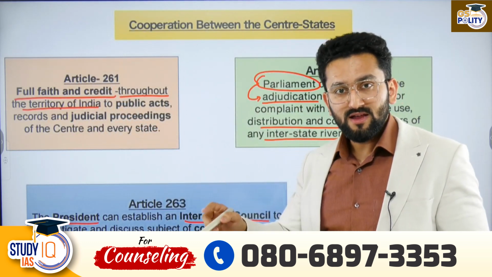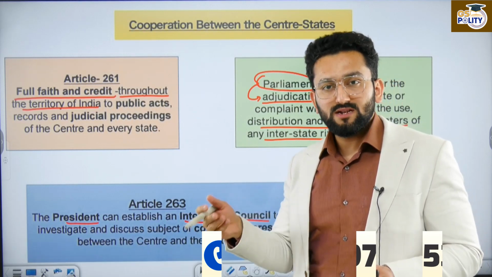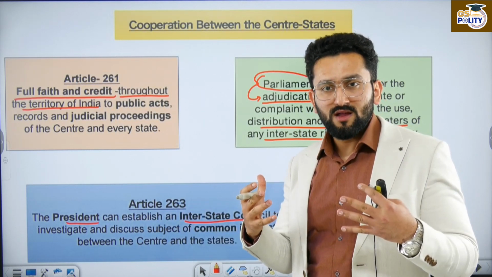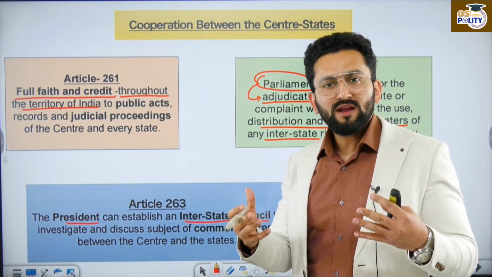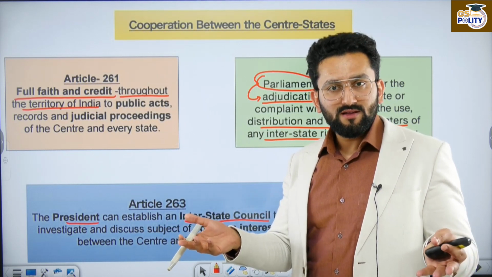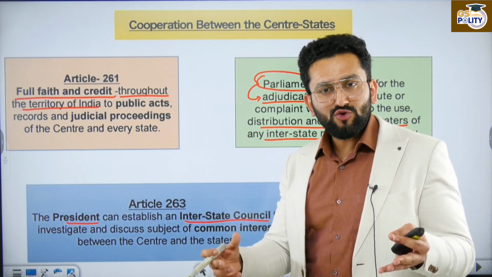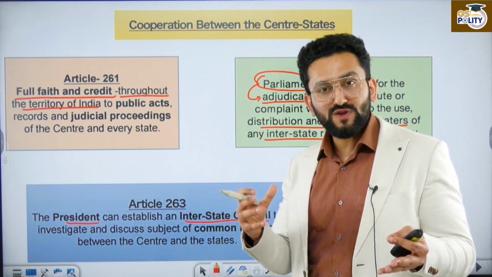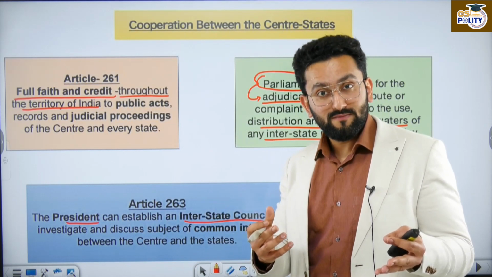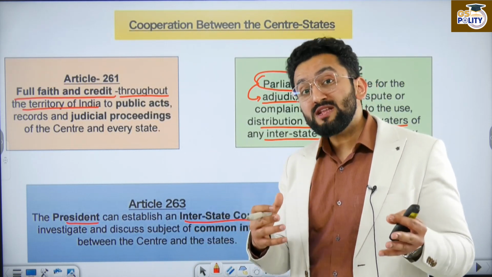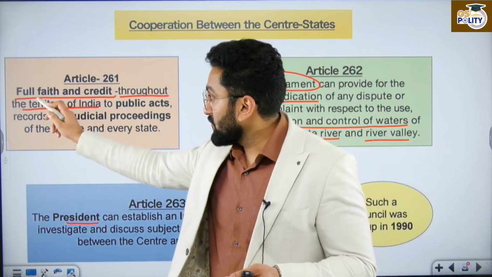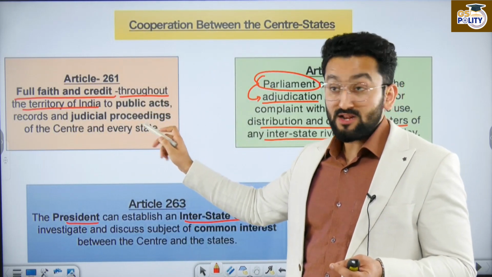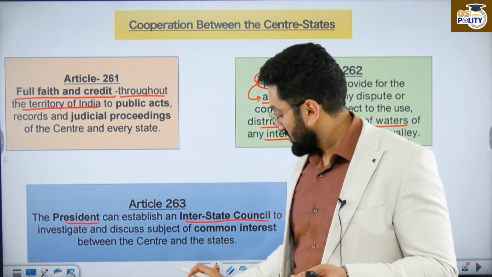It means whether there's a law made by the center or a law made by the state, because even if a law is made by the center, execution is going to be done in one or other state, don't you think that the executive machinery of the state has to respect the implementation of this law which is made by Parliament, right? And this can only happen when there is full faith and credit throughout the whole territory of India, right? So this is clearly mentioned in our constitution.